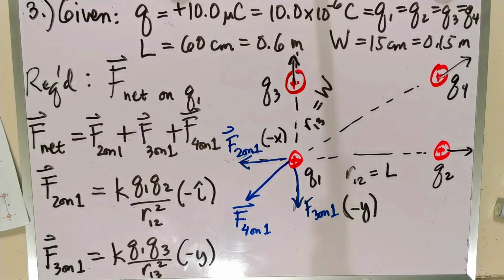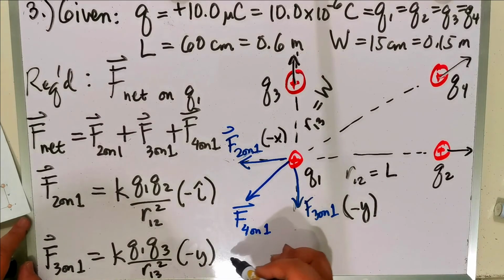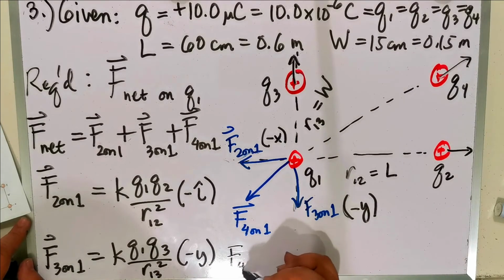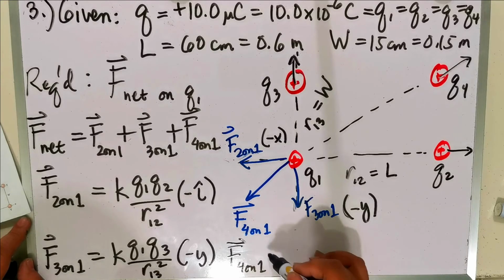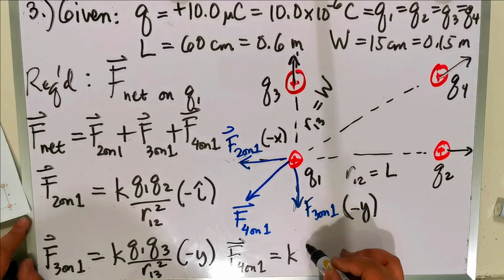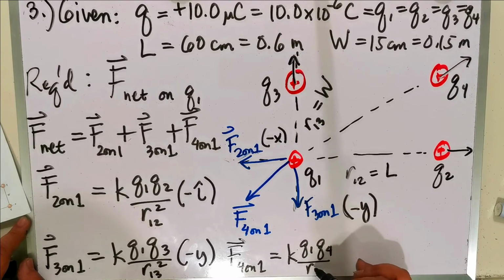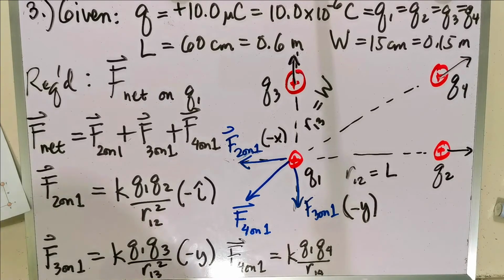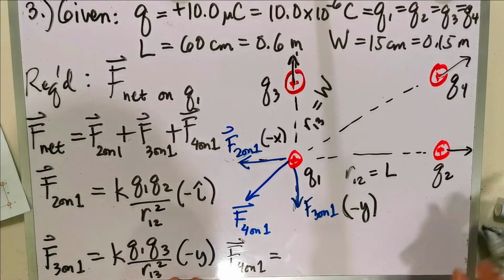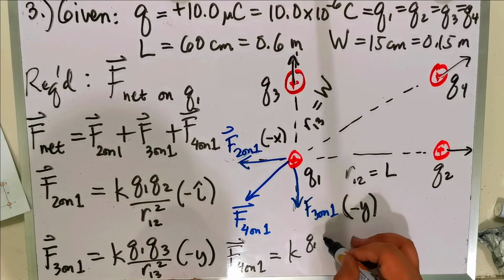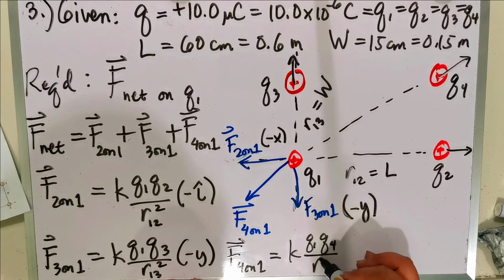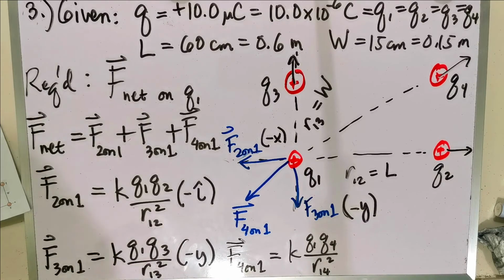And then lastly, for F4 on 1, this is now k Q1 Q4 over R14 squared.